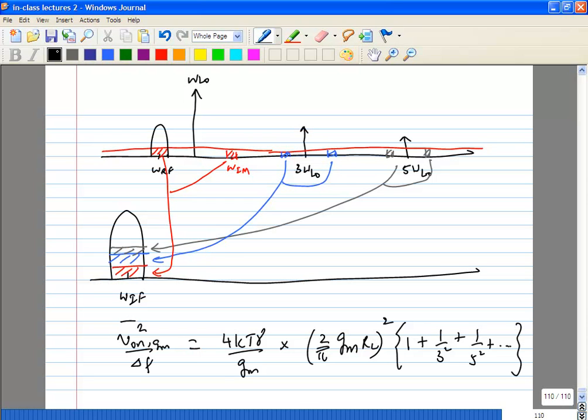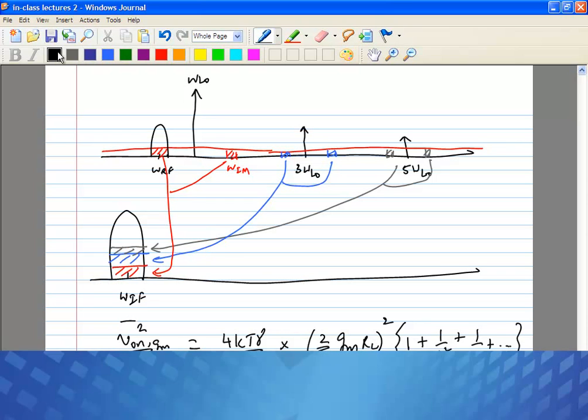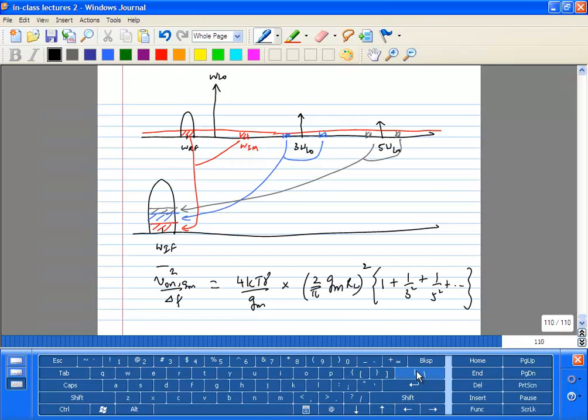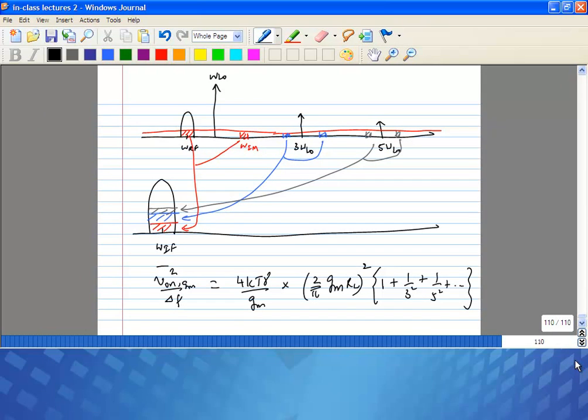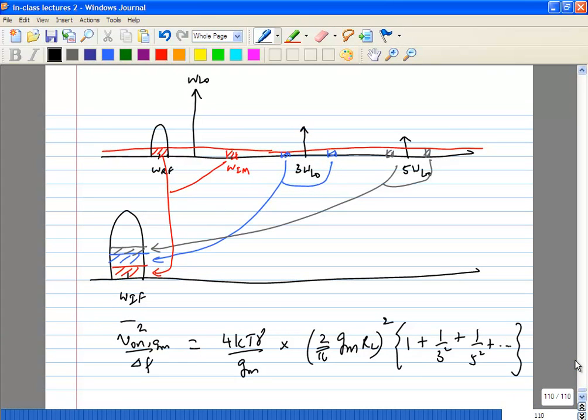And the whole thing times 2, because you not only get noise from the RF frequency, you also get it from the image frequencies for each one of these components.